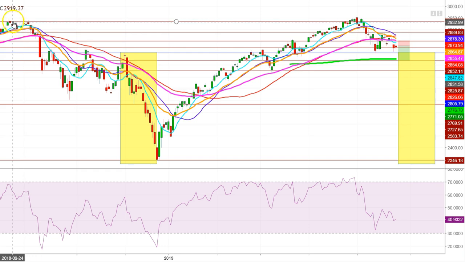So friends, here you can see that since the beginning of the tariff trade war in October 2018, we have seen a sharp slump in S&P 500. Since then, the S&P 500 started to move downward. Finally, from December 3rd, 2018, when we witnessed a sharp downward move in S&P 500, which resulted in a downward move up to the levels of 2329 on December 24th, 2018.